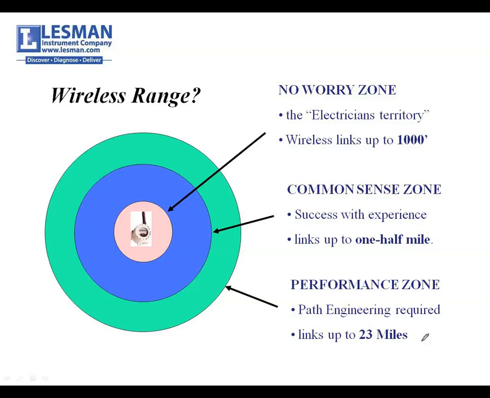It's literally going to work. And I'll tell you right now, if you're at 1,000 feet and the antennas can see each other, it'll work, no problem. When the antennas cannot see each other, it gets a little bit more complex, and that's why we have a lot of gear that we can bring out and make sure things work. We have different kinds of antennas, different strategies on where to place antennas, and we'll talk about that a little bit more as we go.